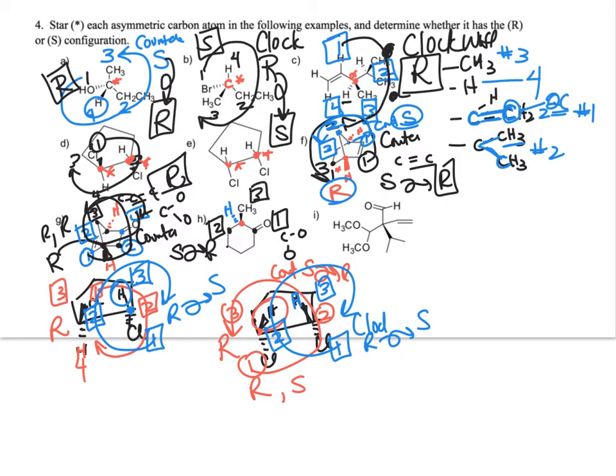And then you have your CH3. So now you do 1, 2, 3, and you see that's clockwise. So that's R, and R stays R because hydrogen's in back. This last one here, your asymmetric carbon would be this carbon here. As you can see, this carbon is bonded to methoxys, which are the same.